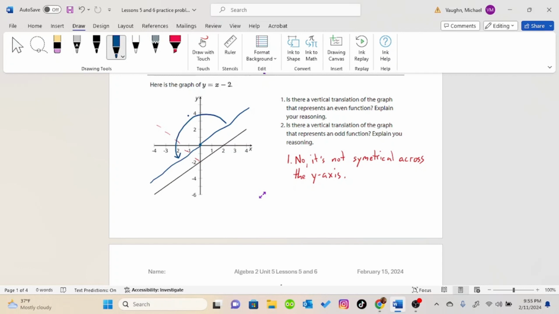Or you can think about rotating it 180 degrees. However you want to think about it, yes, shifting up 2 units represents an odd function.